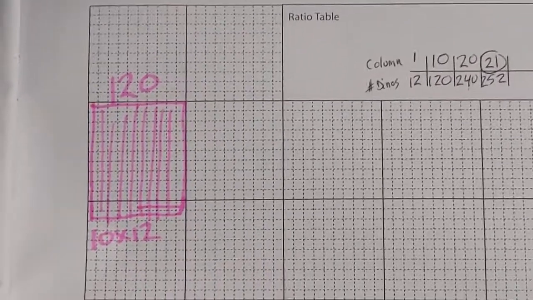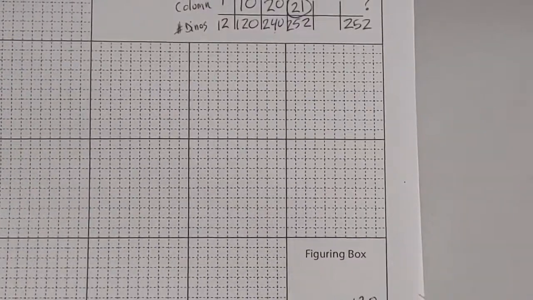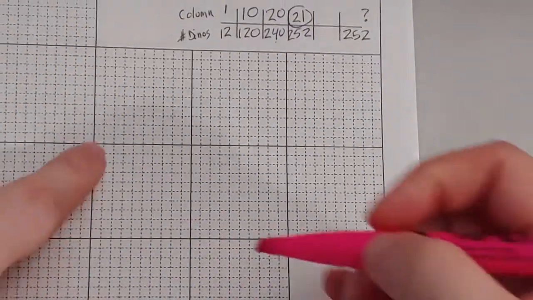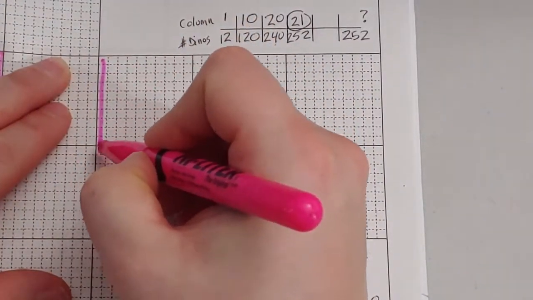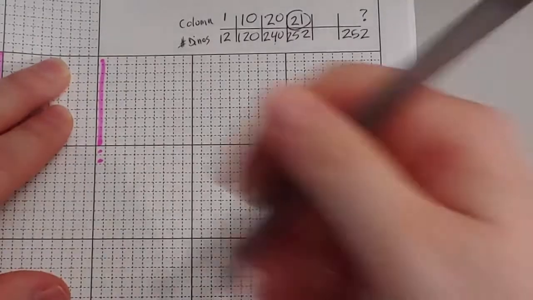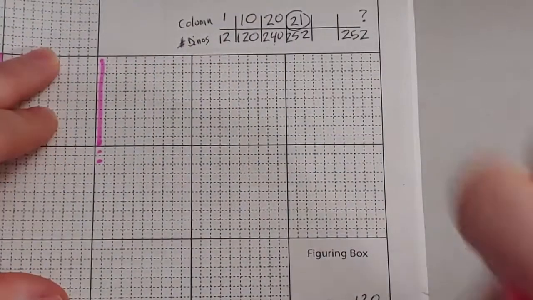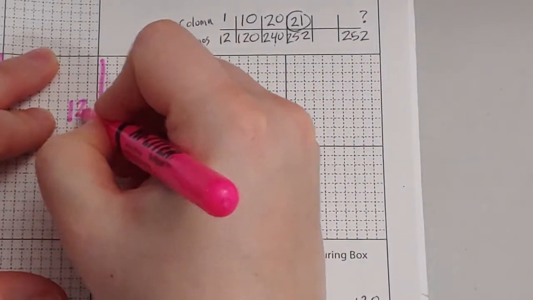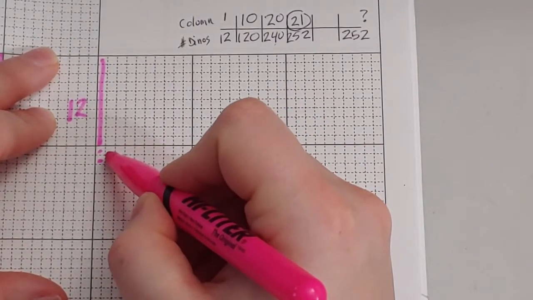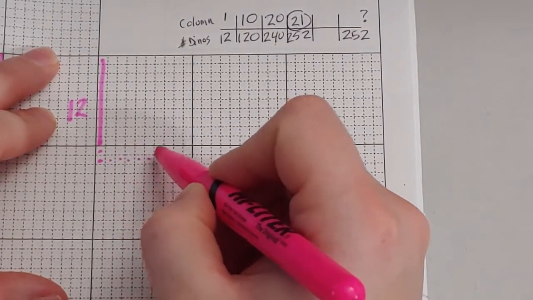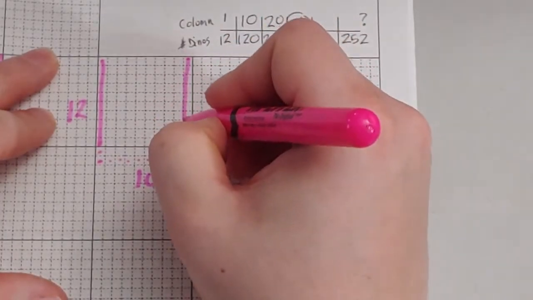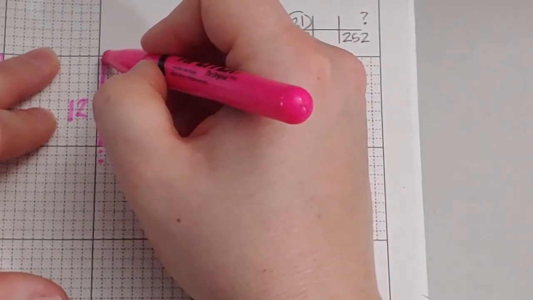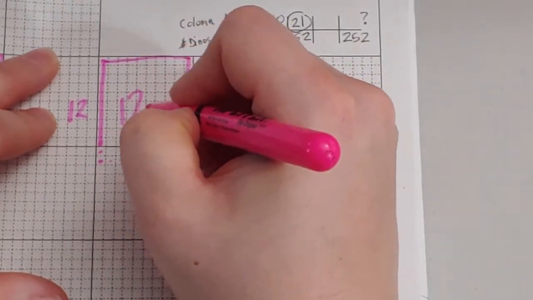Okay, so then over here, I'm just going to redraw the whole thing actually. We have 10, 11, 12, and then we did that for 10 groups. That was 120.